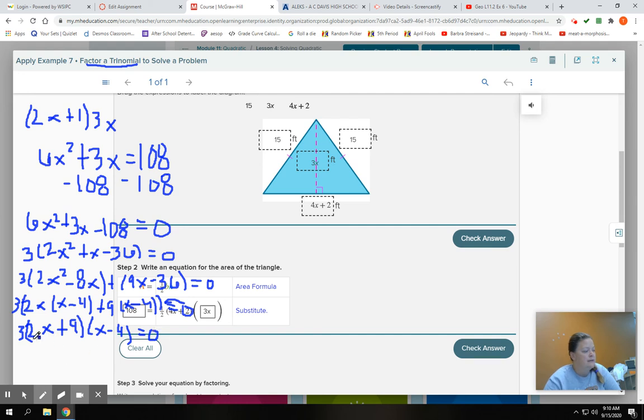So what that means is that either 3 equals 0, which no, it doesn't, okay? Or 2x plus 9 equals 0, or x minus 4 equals 0. So if this is the case here, we subtract 9 from both sides. 2x equals negative 9.